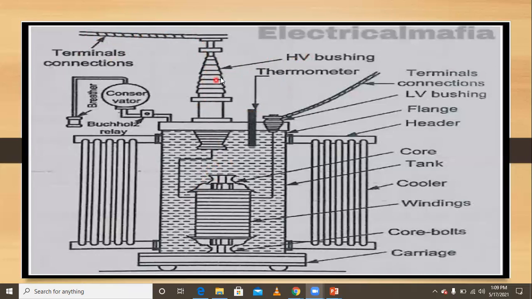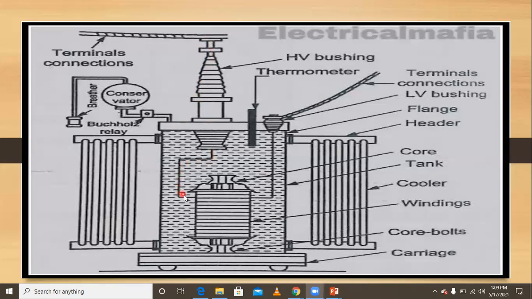A bushing is just like an insulator. It isolates the transformer tank and this connecting terminal wire.